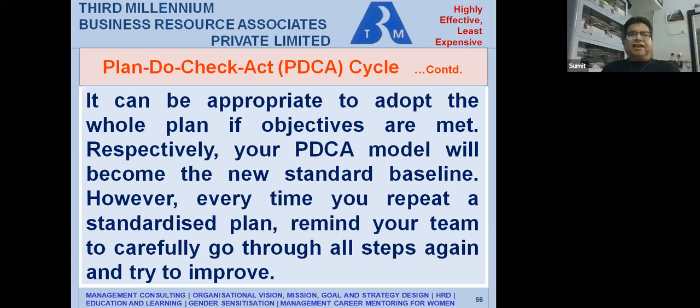Right? So the second part of this slide says, every time you repeat a standardized plan, remind your team to carefully go through all steps again and try to improve that further. Now each time your goals will be set higher and higher. As I said, it is a journey, not a destination. Right?